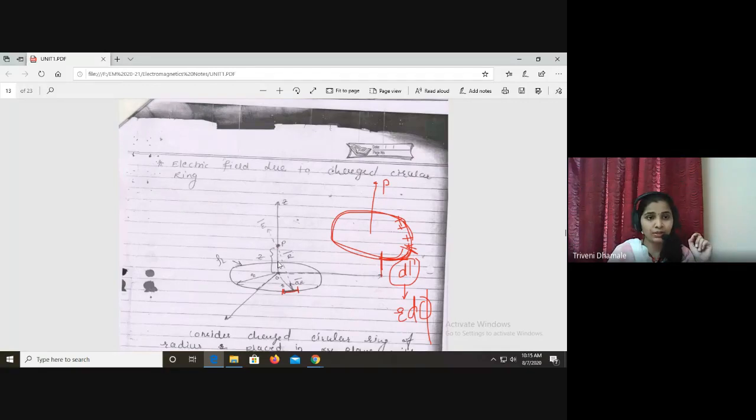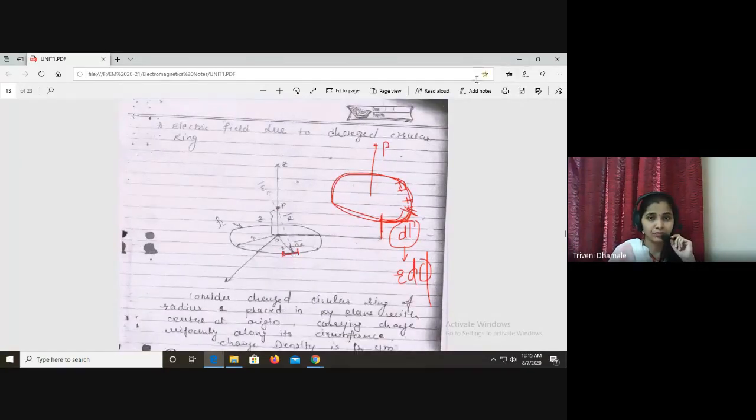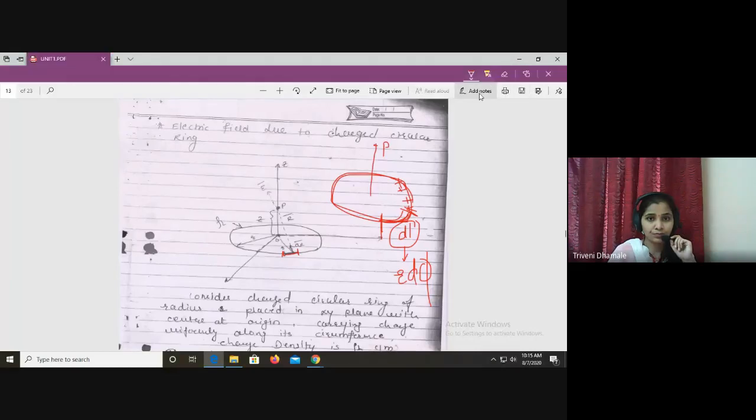Okay, now in case of electric field due to charged circular ring, see, when you draw a diagram for the charged circular ring, that charged circular ring is placed at z equal to 0, that means at the origin in the plane, right? This is the charged circular ring.